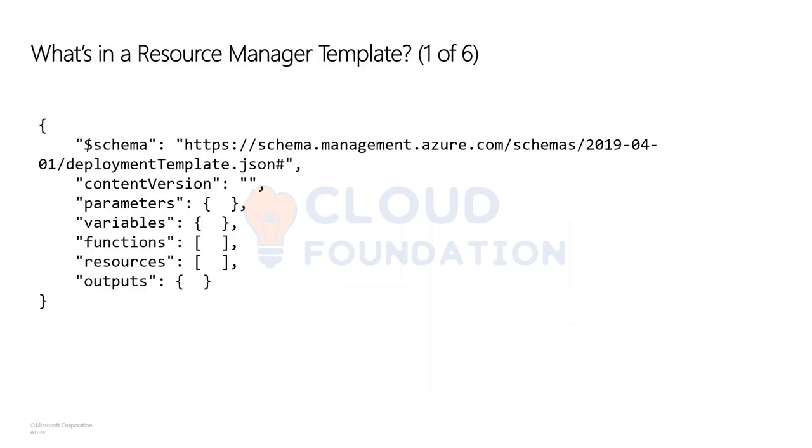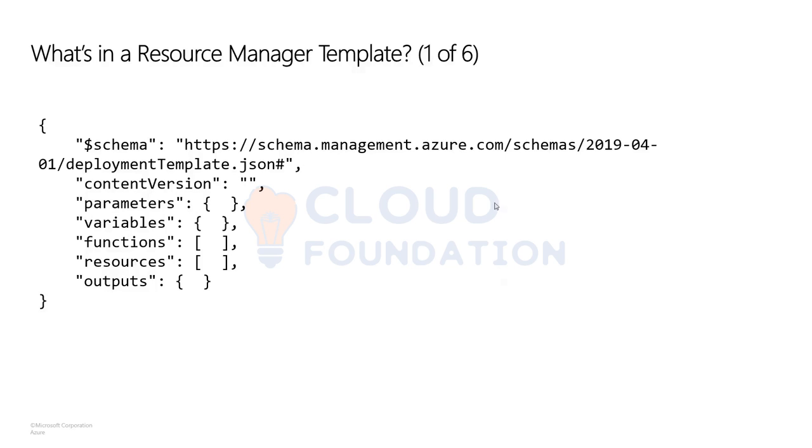If you look at the Resource Manager template, these are the options within it. These are the sections within it as part of the schema. If you see within the schema, first thing over here is the parameters which is being mentioned. Remember I mentioned about two files, template file and parameters file.